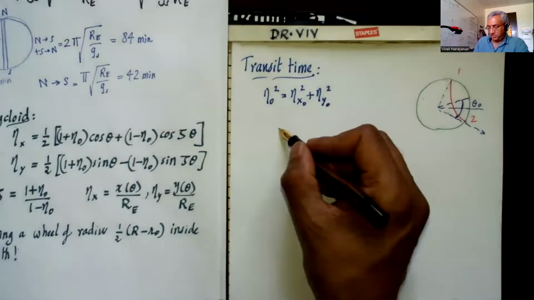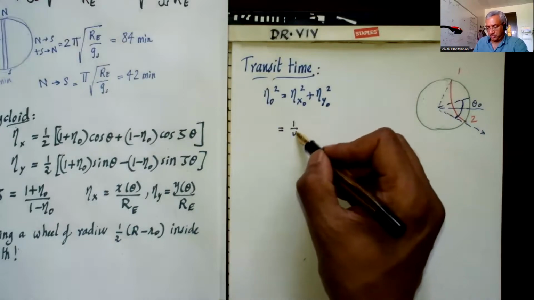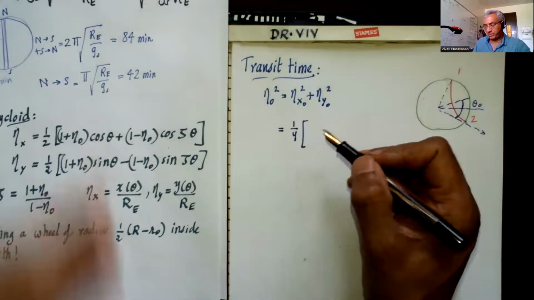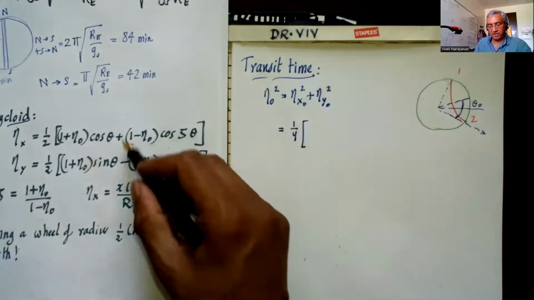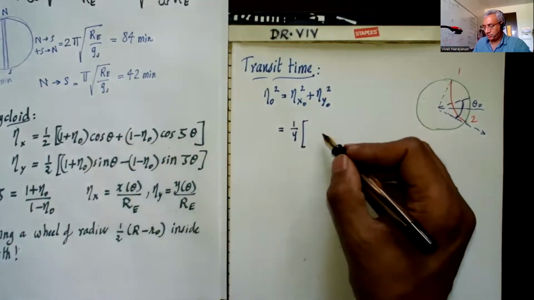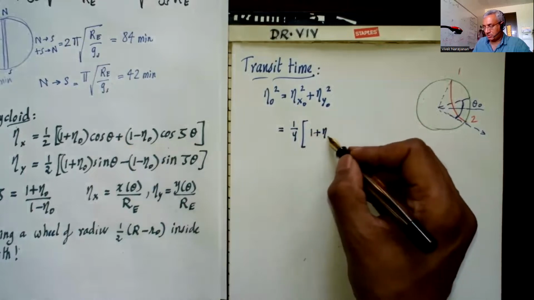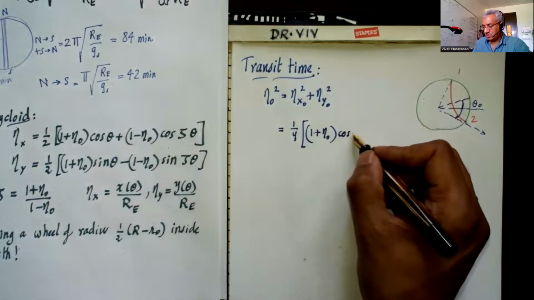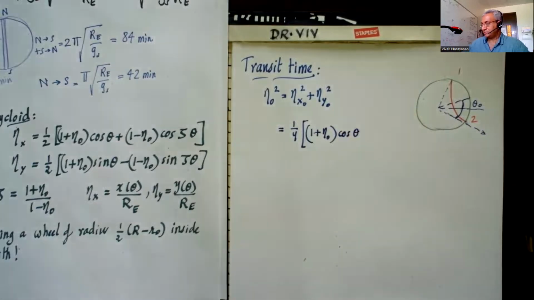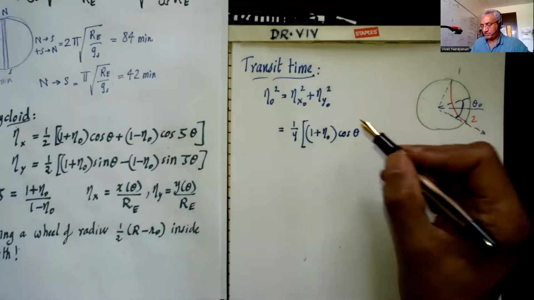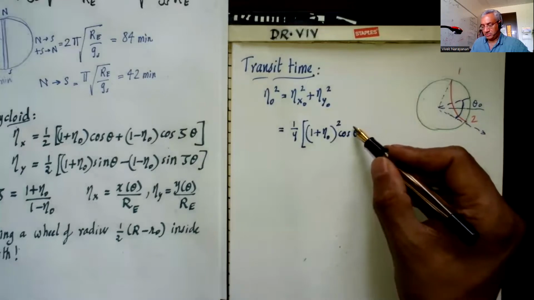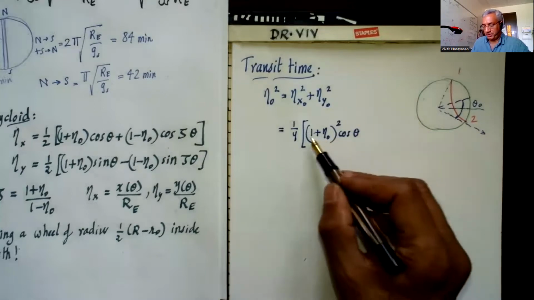So this becomes, because I'm squaring, 1/4, and then sine squared plus cosine squared is 1, and the cross terms will cancel out because of the minus sign. I better do this carefully.